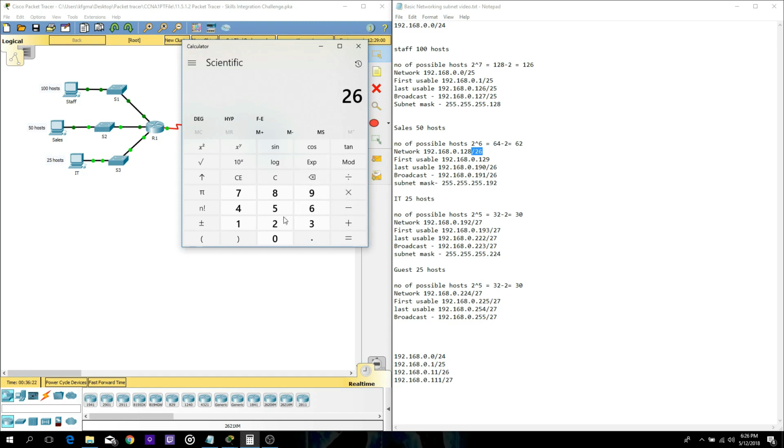The slash notation of 26 for our subnet mask will be 128 plus 64, which gives us 192.